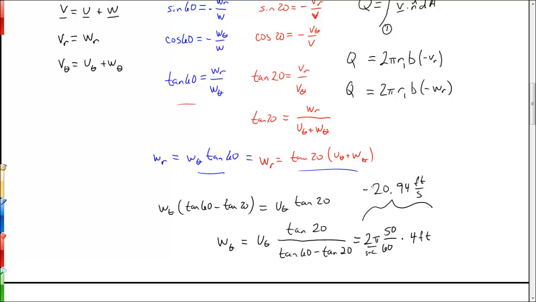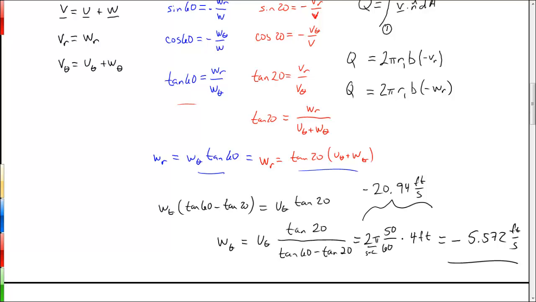And all of that times tangent of 20 divided by tangent of 60 minus tangent of 20, which I get as 0.266. We multiply those together, and we get that W theta is equal to minus 5.572 feet per second. I'm carrying out the decimal places because we're going to need them for this particular problem.